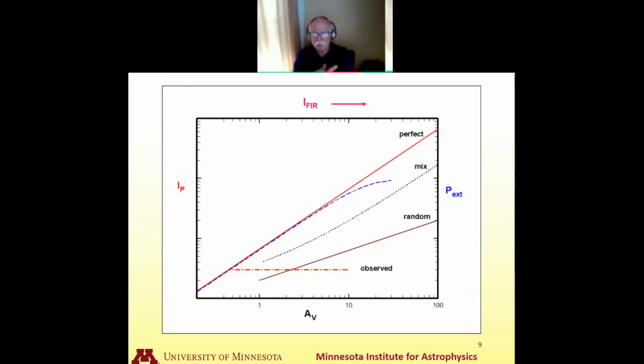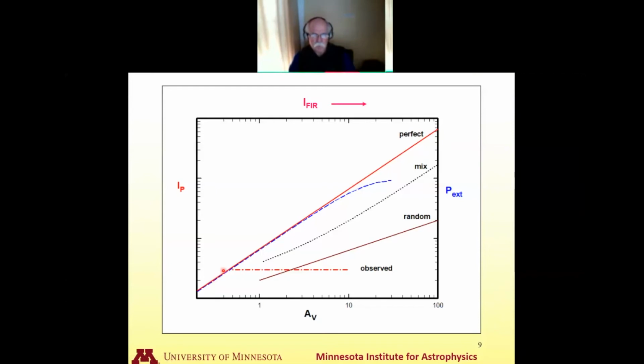All right, this is a complicated figure. I'm not going to spend a whole lot of time on it, but polarized intensity in the far infrared in emission is plotted on this axis. Polarization in extinction, that's fractional polarization, is plotted on this axis. And this is column density. And we're going to represent column density in the far infrared by the surface brightness, the far infrared intensity. More far infrared intensity means more dust, which means more visual extinction, which means more column density.